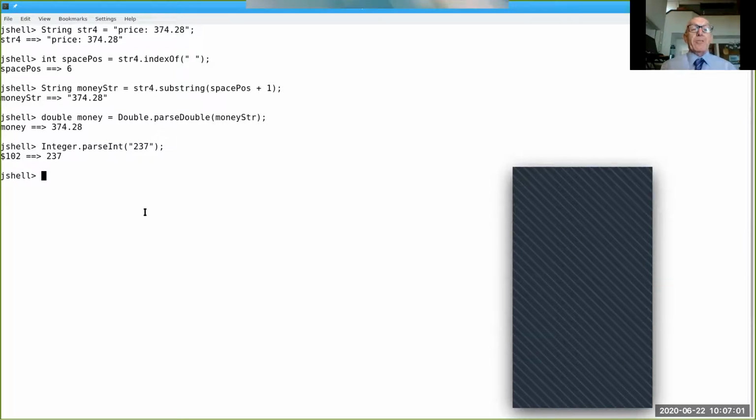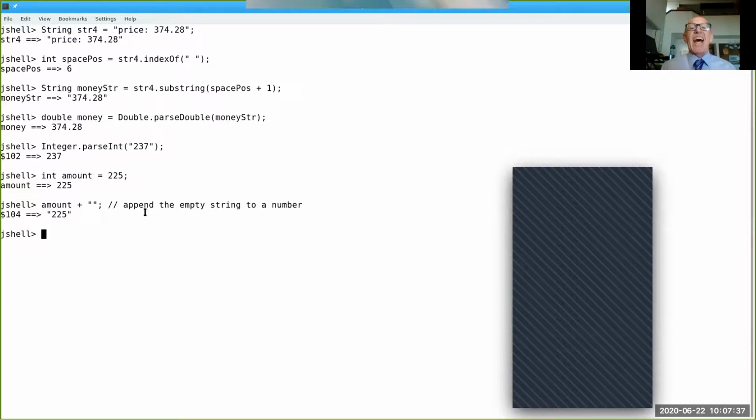What about going the other direction? What if I have an integer and I need to create a string out of it? There's two ways to do it. Let's call this int amount. If I say amount plus the empty string, that will convert the amount, which is an integer, to a string so that it can use the plus sign to append an empty string.